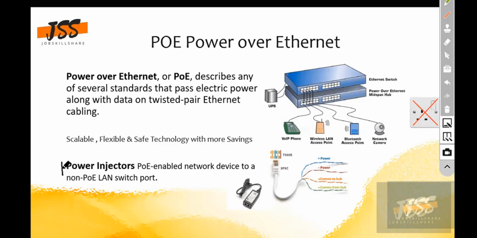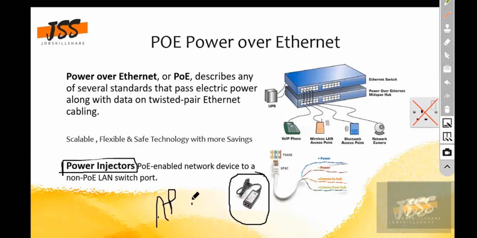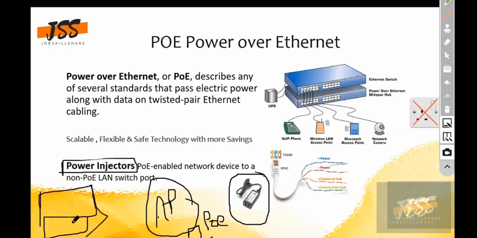Then we have this final thing. This is the power injector, by the way. What if you have one access point device which is capable of PoE, but then you have a switch which is not capable of PoE? What will you do?